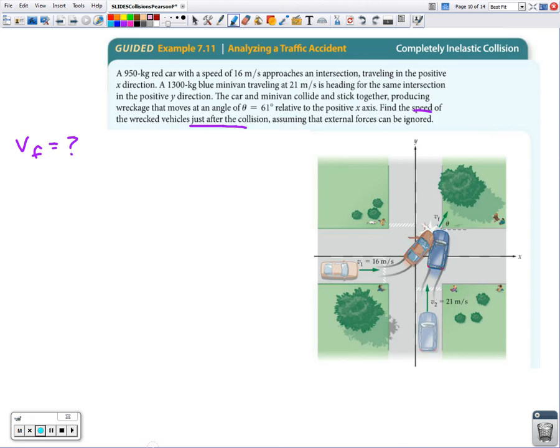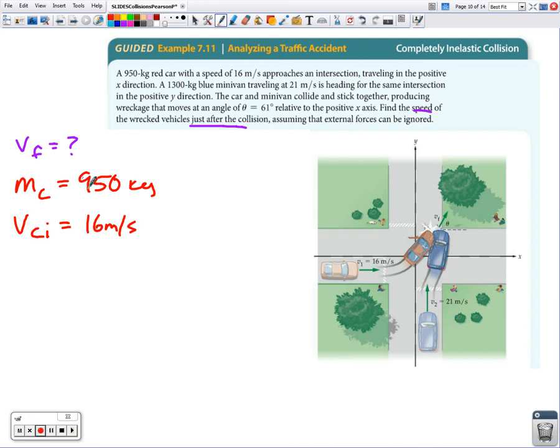So, going back here, the mass of the car they gave us was 950 kilograms, and we know the car's initial velocity, 16 meters per second.